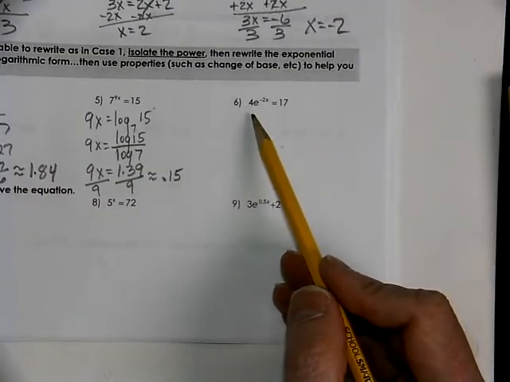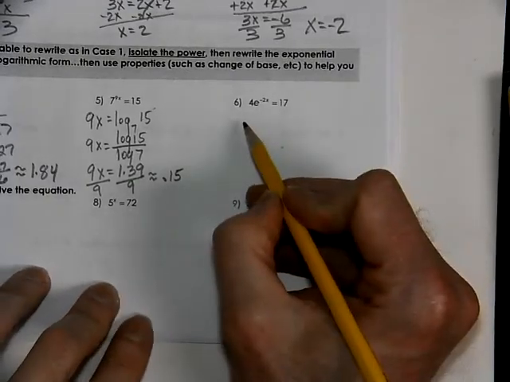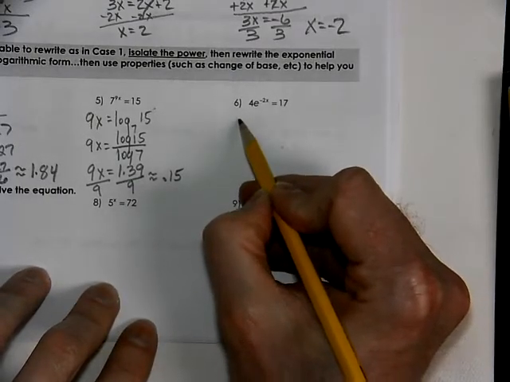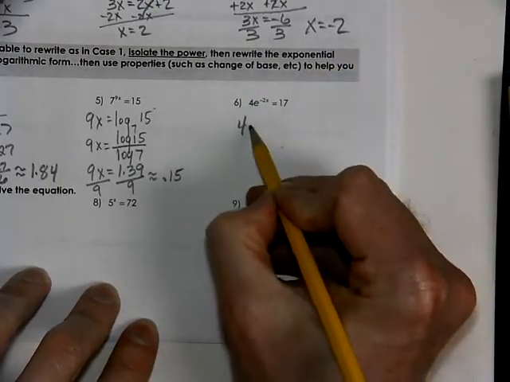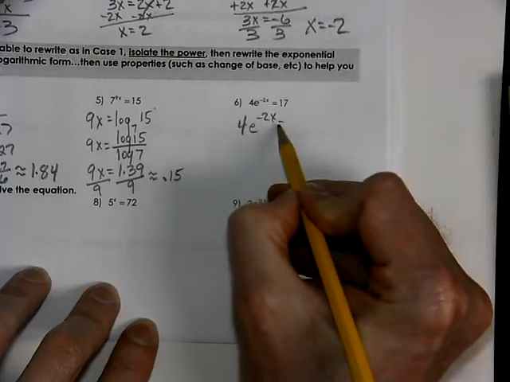Here's one with e. So 4 e to the negative 2x equals 17.